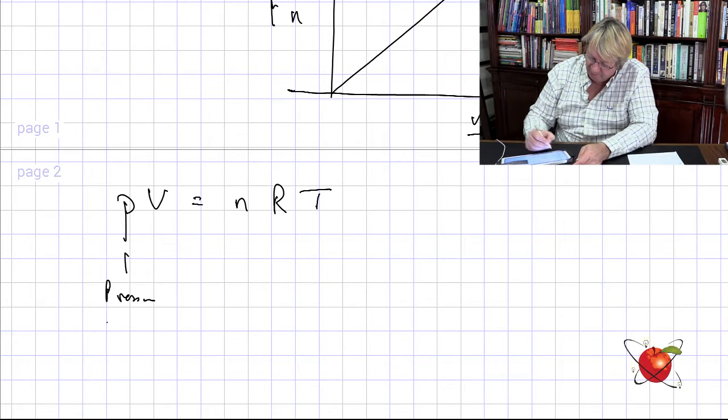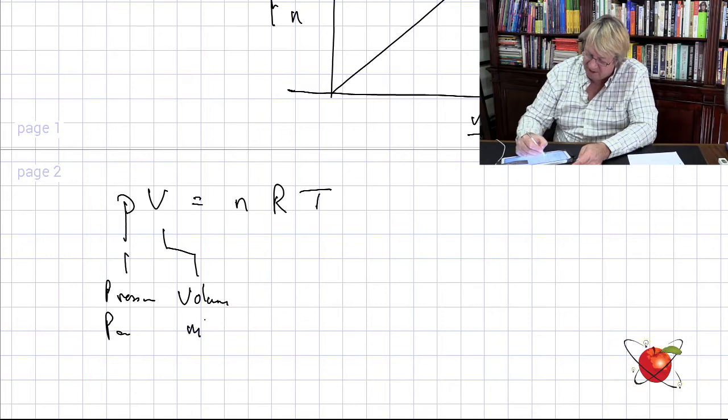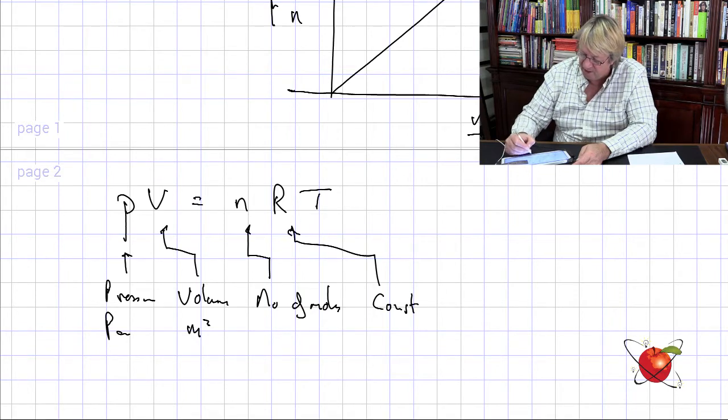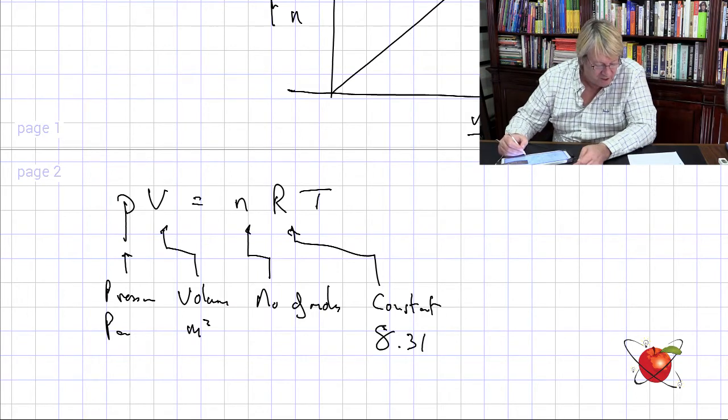Well, pressure in Pascal, volume in cubic meters. n is the number of moles. R is a constant, and it's given to you, it's 8.31. The units, I never remember it, joules per degree Kelvin per mole.